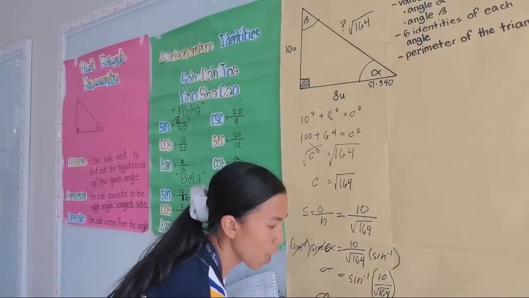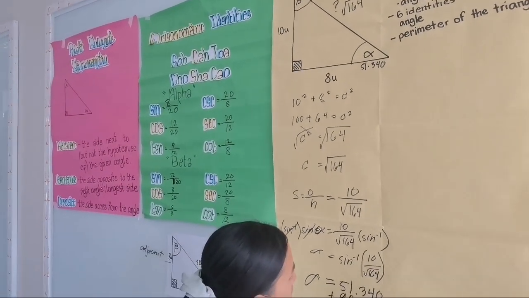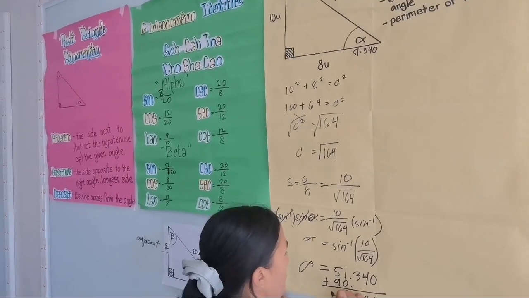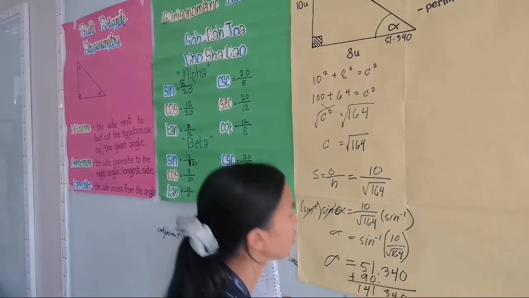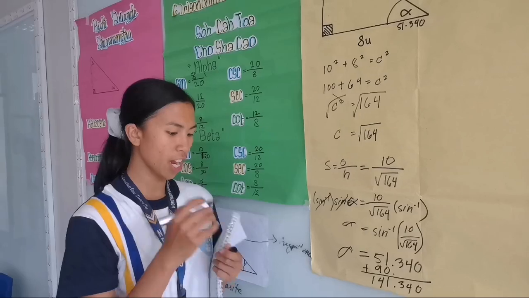Therefore, 51.340 plus 90 is equal to 141.340.